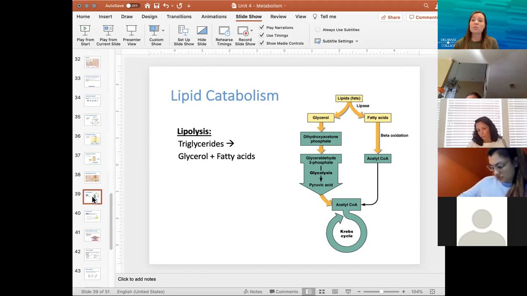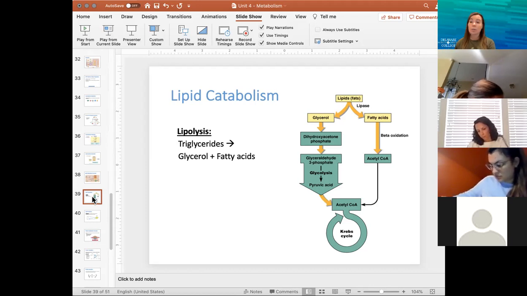But you can only store a certain amount of glycogen. It's stored in your liver and in your muscles. And if you get to a certain point where you simply can't store any more glycogen, then you're going to store all that excess glucose as fat. It's going to be converted into fat and stored that way. And any excess triglycerides that you eat will be stored as fat as well.